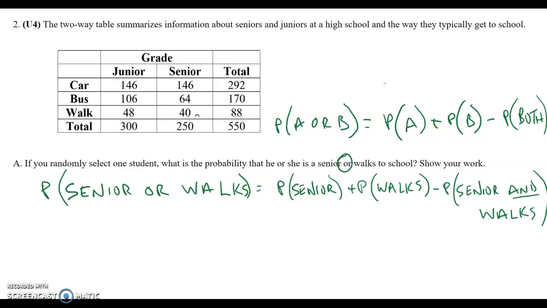First, the probability that a randomly selected student is a senior. I look here and I see that there are 250 out of 550. There's your probability. And we're going to add.